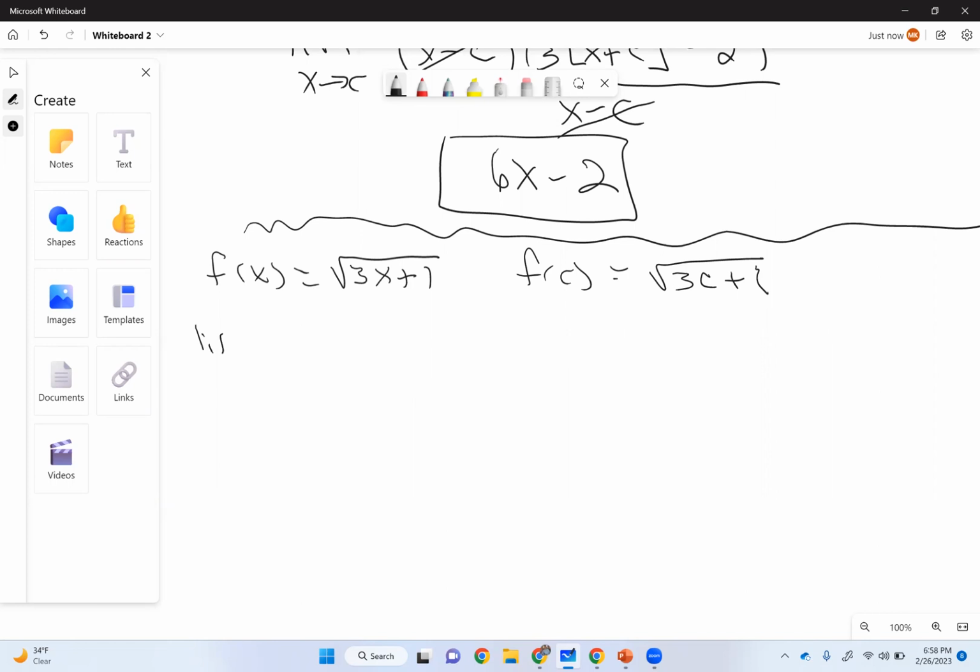So it's the limit as x approaches c of f of x minus f of c over x minus c. And we know that's the slope formula. So let's do some plugging and chugging.